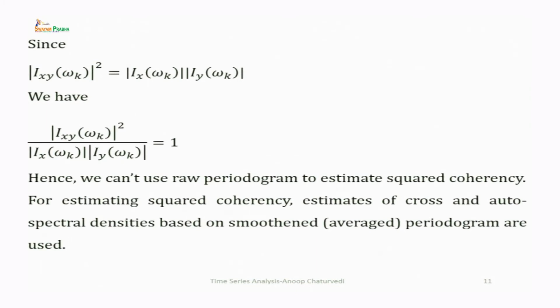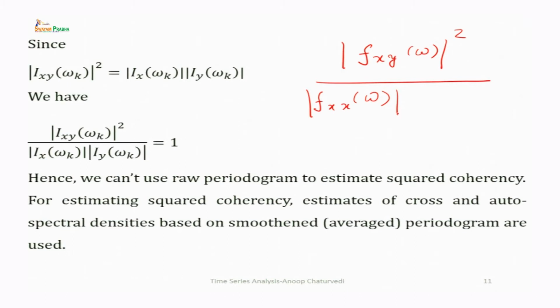So, suppose you want to use your periodogram for estimating the coherency. Coherency is equal to f_xy(omega) upon the square root of f_xx(omega) into f_yy(omega).